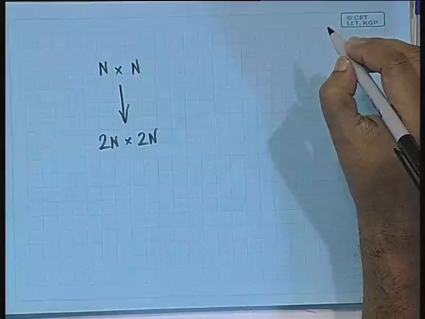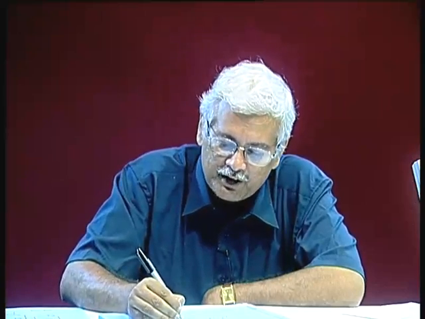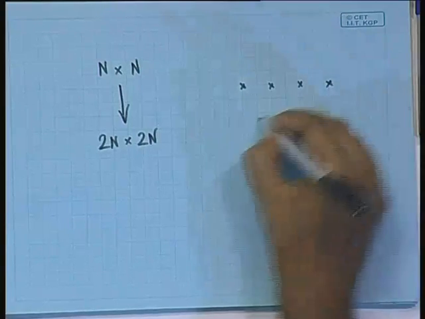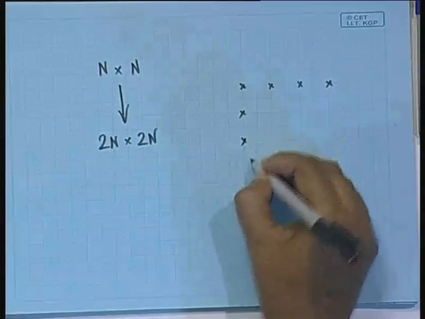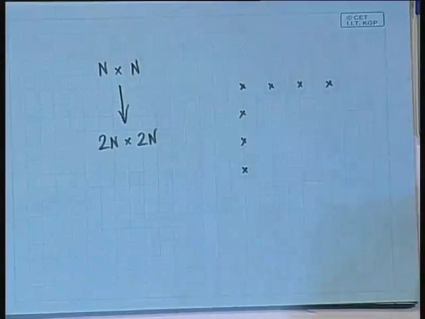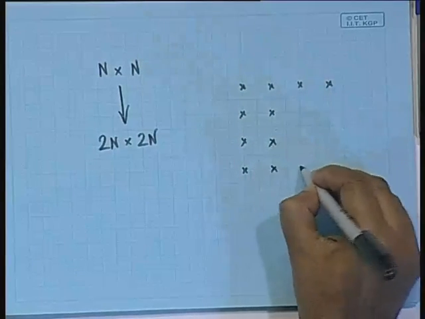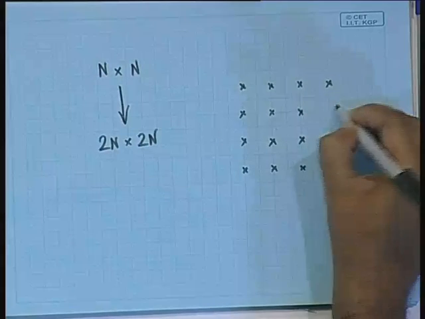How? By interpolating. If you have a pixel here, a pixel here, a pixel here like this, then it is possible for us to predict the pixels which are in between.